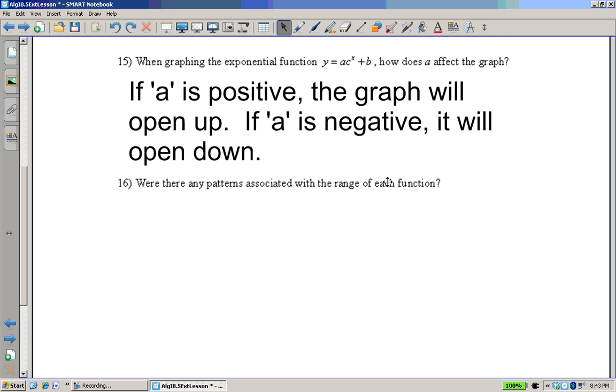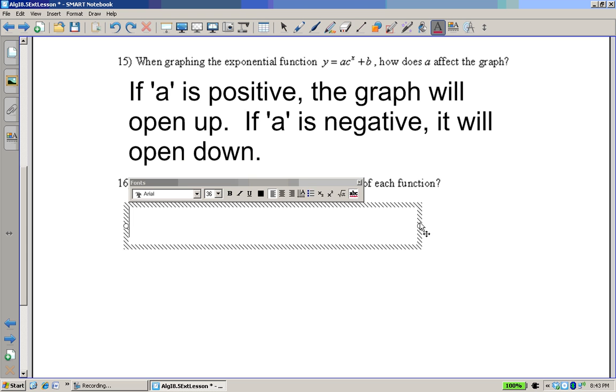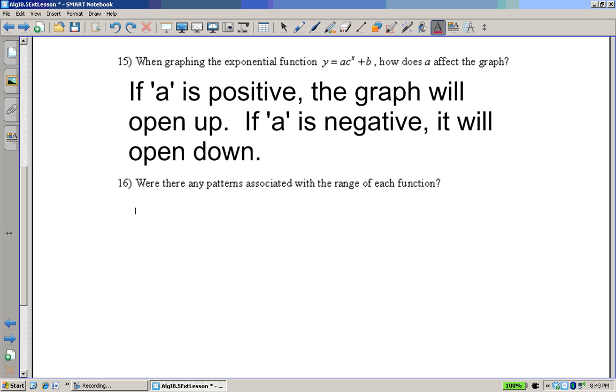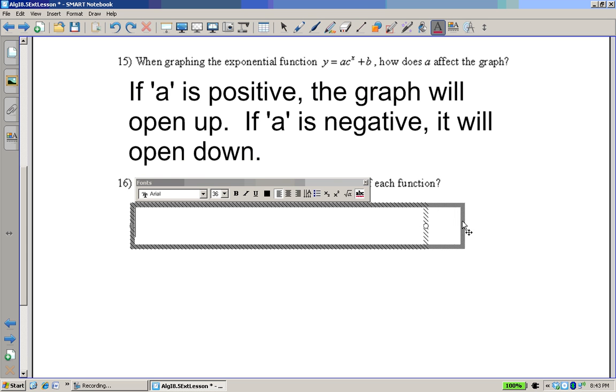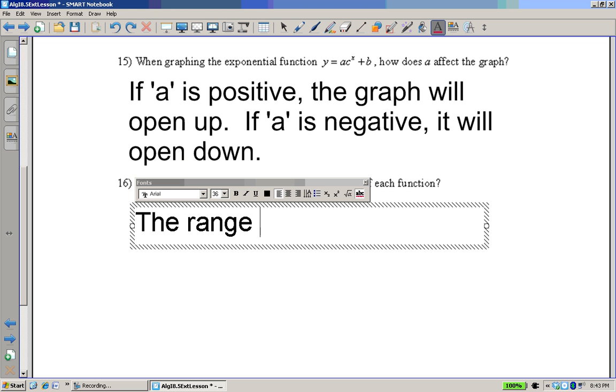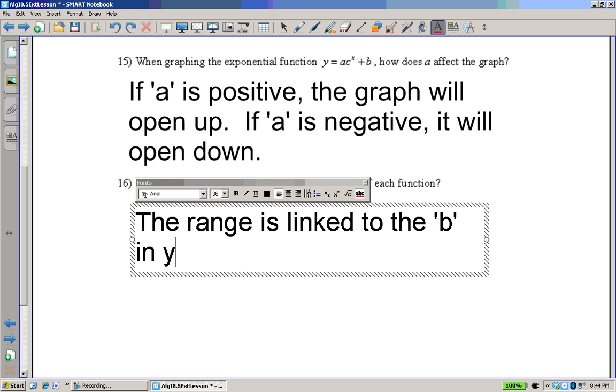Were there any patterns associated with the range? Well, basically, the range is linked to the b in y equals a times c to the x plus b.